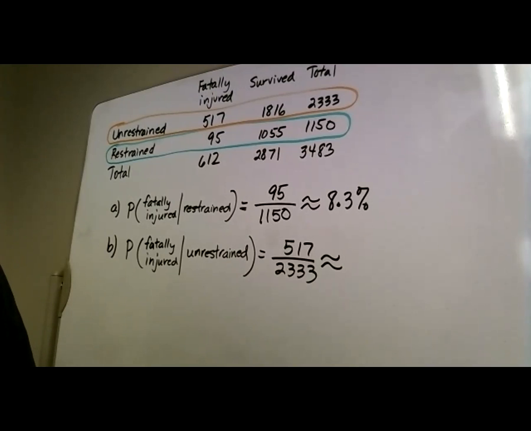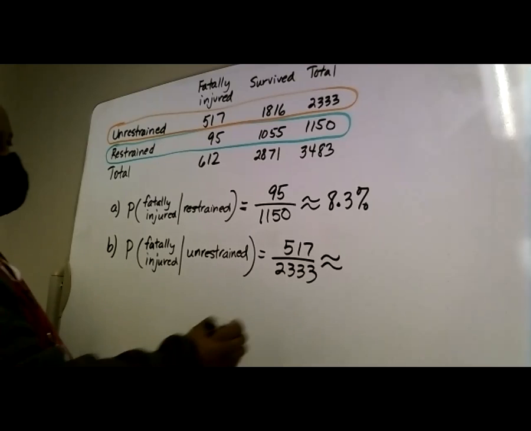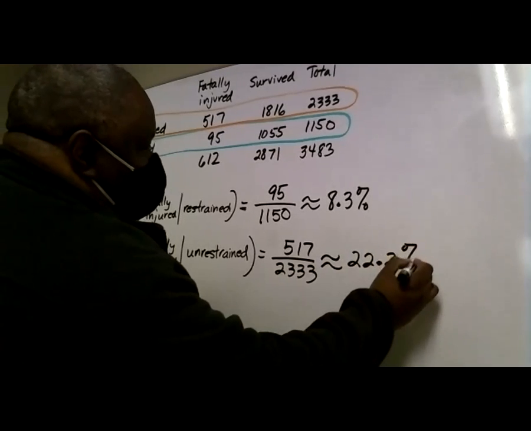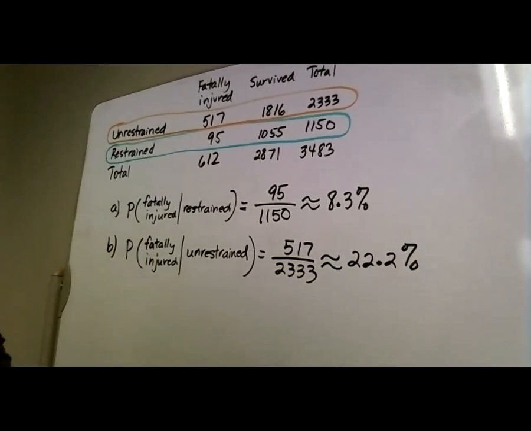All right, so what would be this fraction as a percent? 22.2%. So given that the person was unrestrained, there is a 22.2% chance of that individual being fatally injured. Okay.